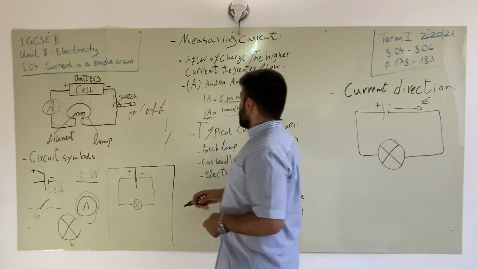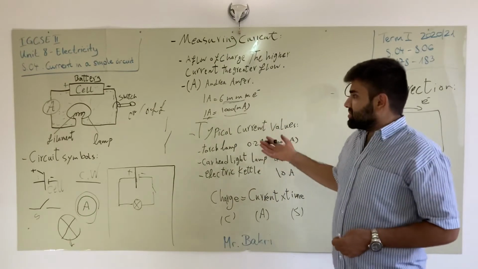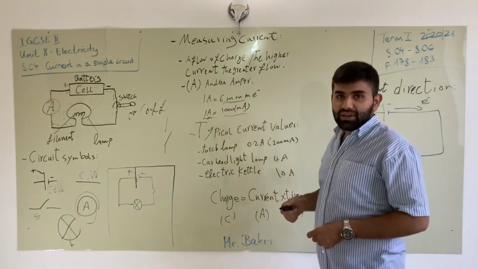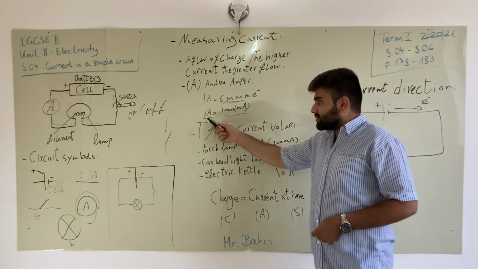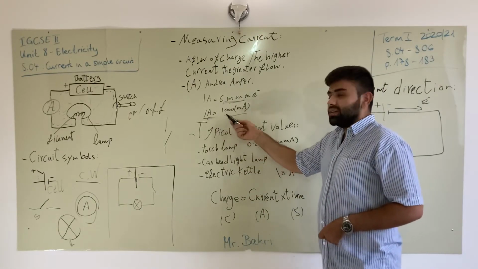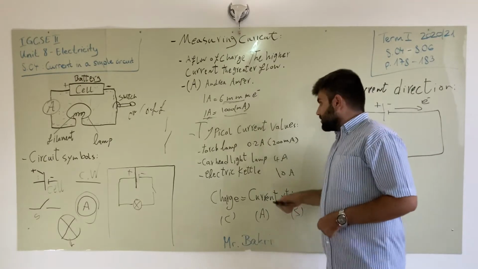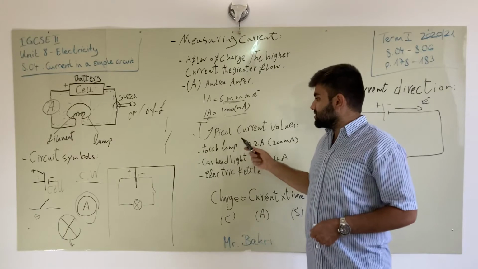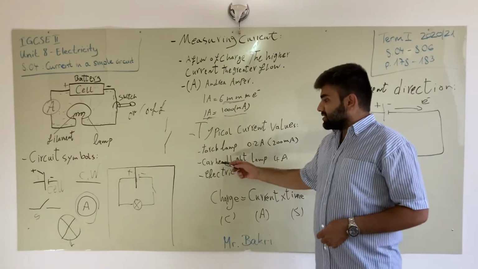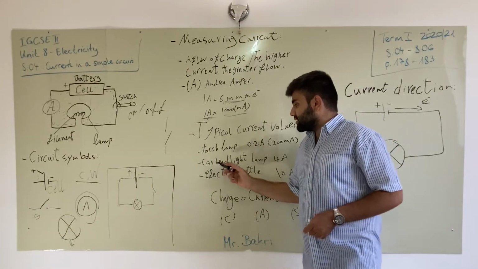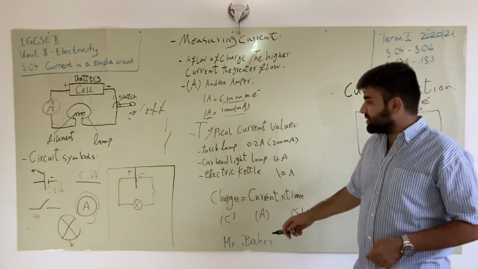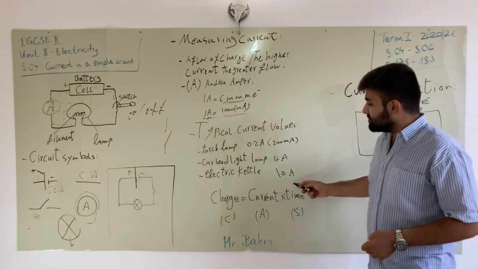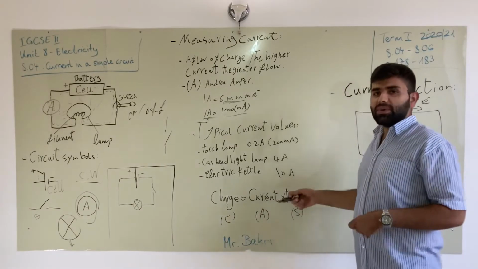Some typical current values: a torch lamp is 0.2 ampere, which means 200 milliamperes; a car headlight lamp is 4 amperes; and an electric kettle is 10 amperes, as you can see here.